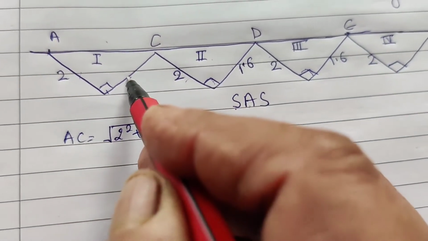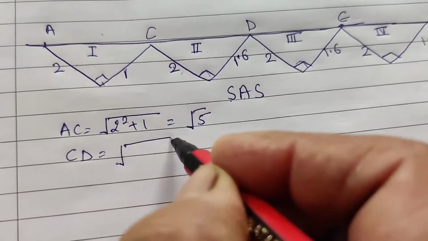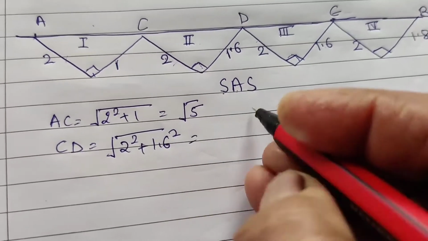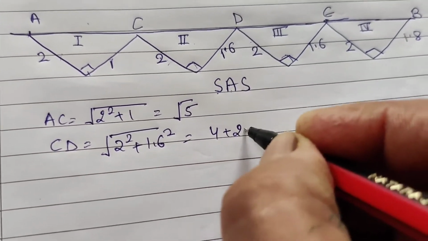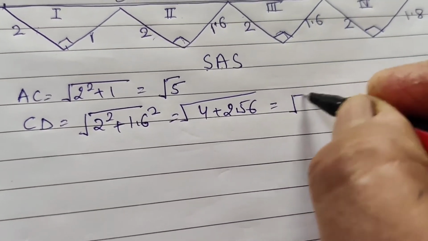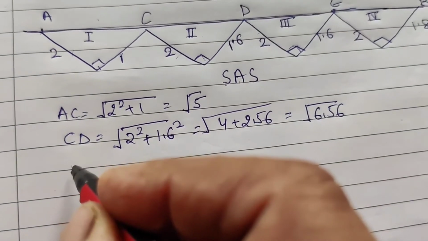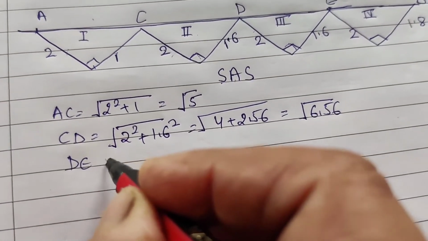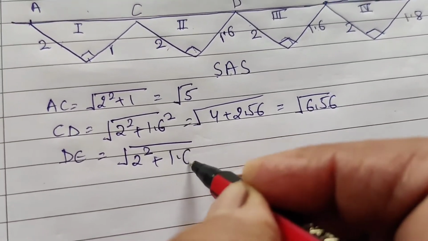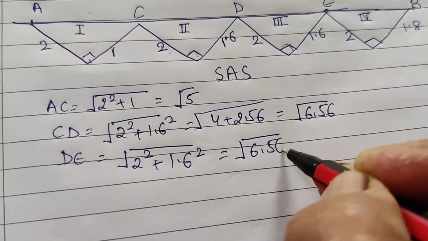In this, CD is under root 2 square plus 1.6 square, it means 2 square is 4 plus 2.56, the square of 1.6, it means under root 6.56. And third, DE: under root 2 square plus 1.6 square, the sum of the squares of two sides equals hypotenuse square, 6.56.